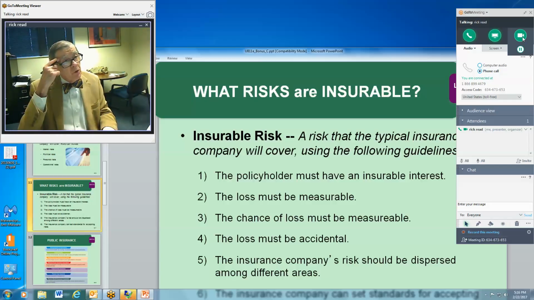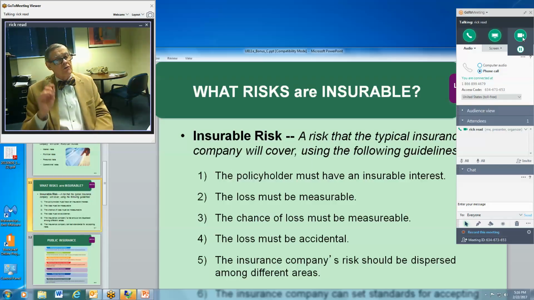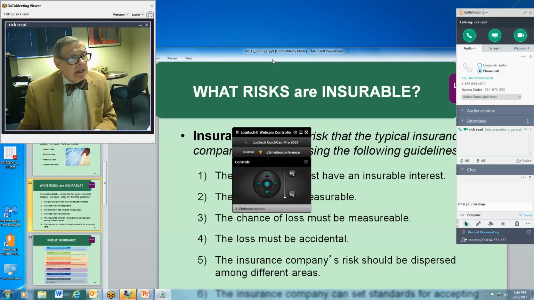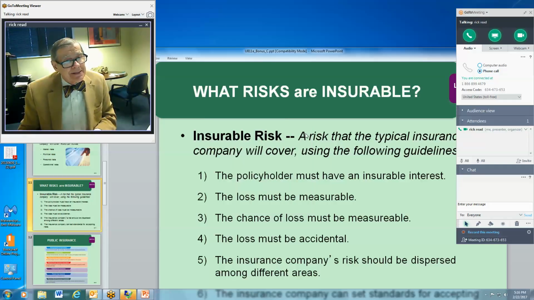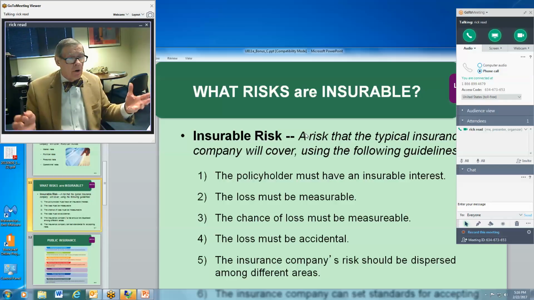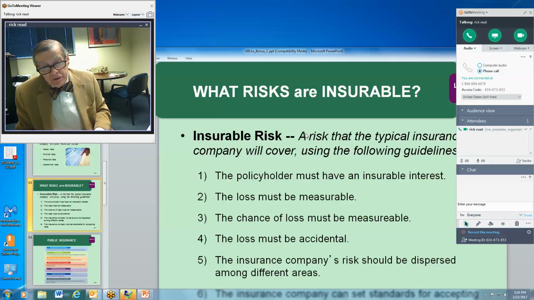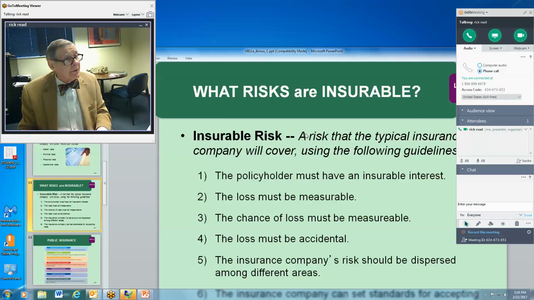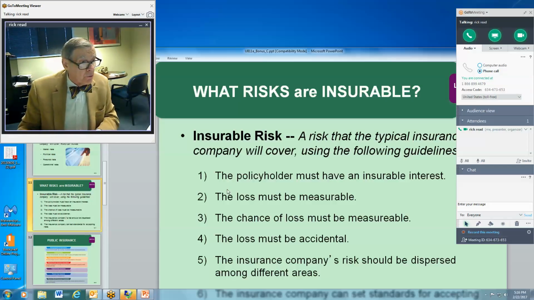Doesn't mean you will lose, but in case, we have to be able to measure it. Notice the critical thing comes forth. The loss has to be accidental. Insurance companies disperse their risk, and an insurance company can set standards for accepting whether or not they will insure a particular risk.